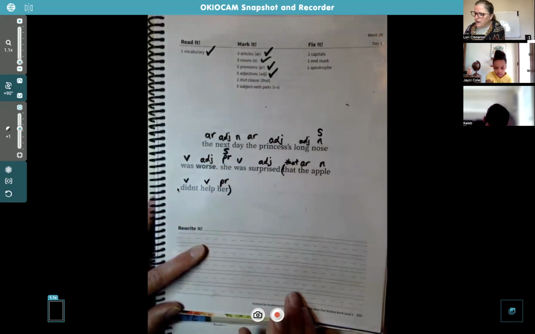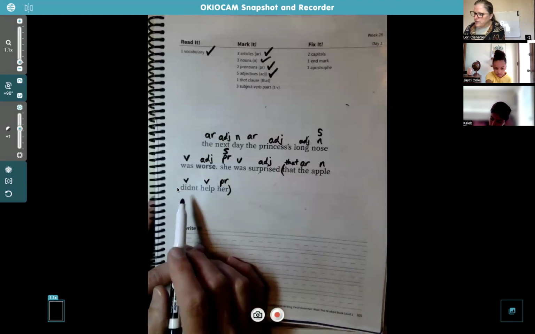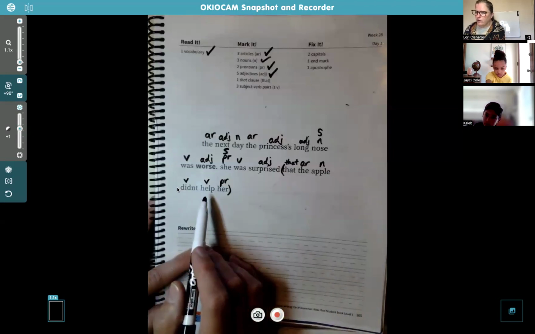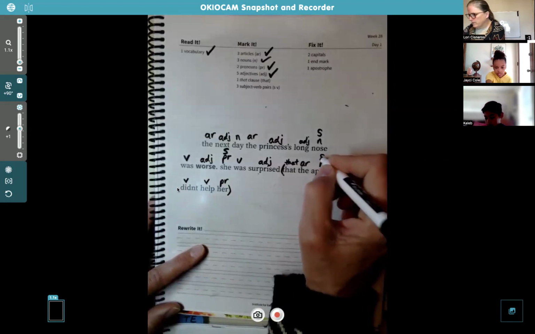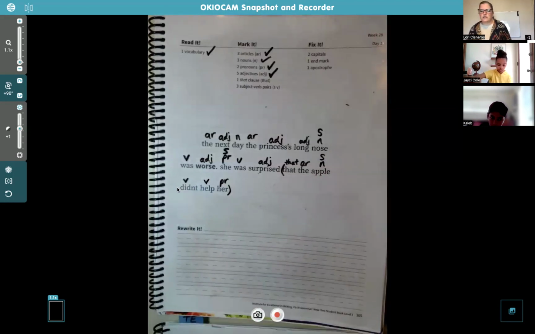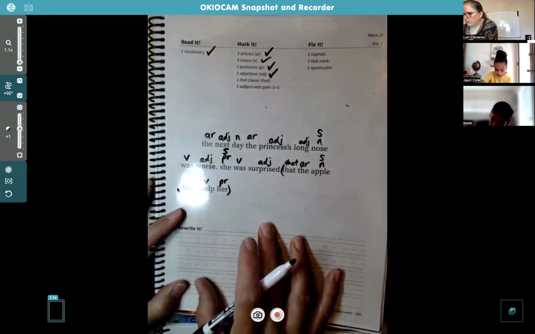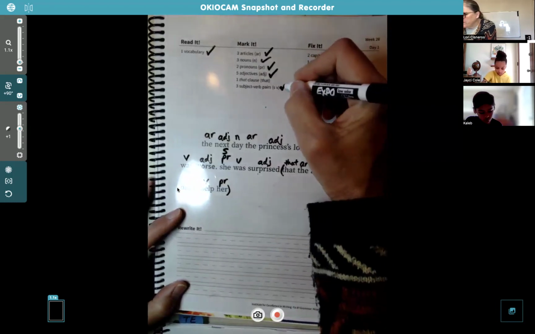And there's one inside the that clause too. So you're looking at didn't help. So what didn't help her? The apple. There you go, the apple. The subject is the apple, good. So that's the best way to do it, is find those verbs and then ask what or who, and that'll help you with the subjects. Very good.